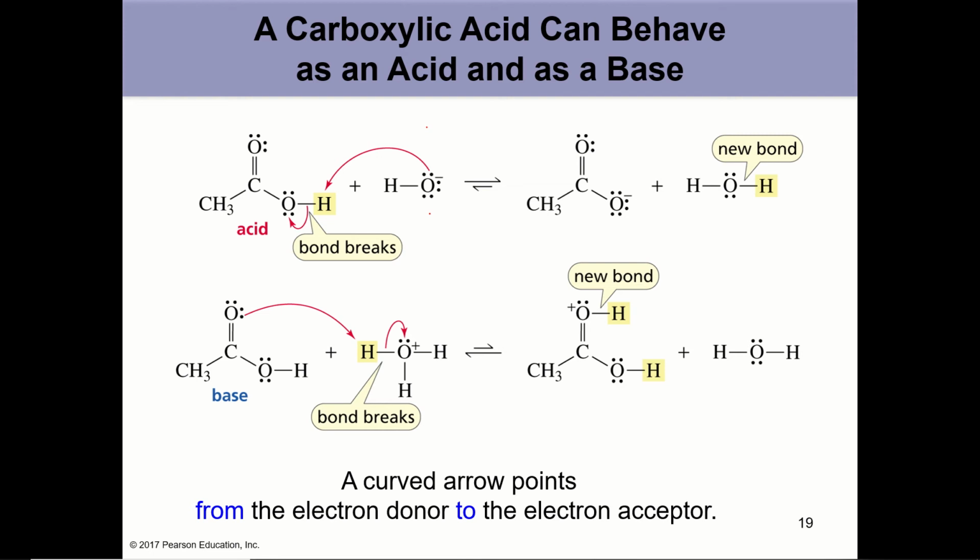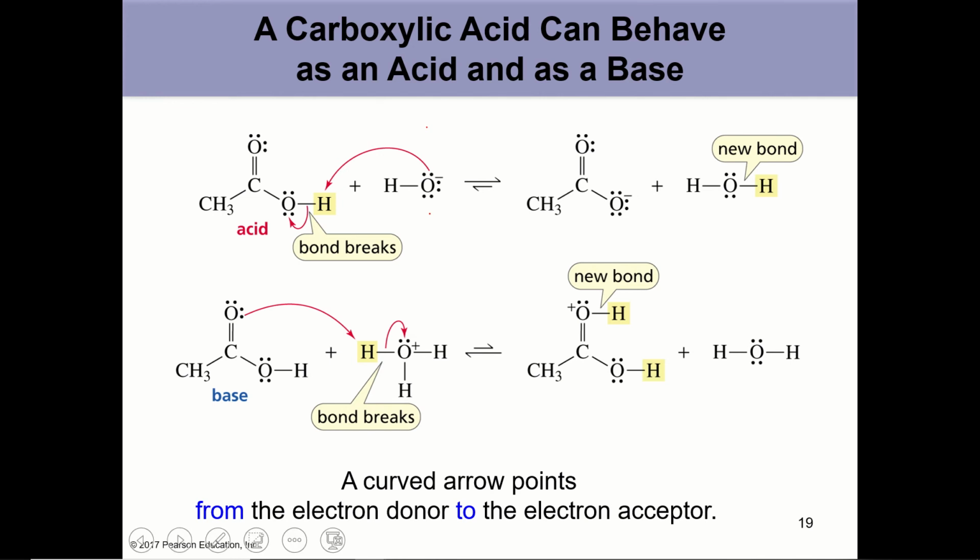And here we can apply the concept that a Lewis acid is going to be an electrophile or electron pair acceptor and is going to be positively charged, either positively charged, partially positively charged, or have less than an octet. So we're going to look at how the molecule behaves and what concept is being applied when it behaves as an acid and which concept applies when it's behaving as a base.